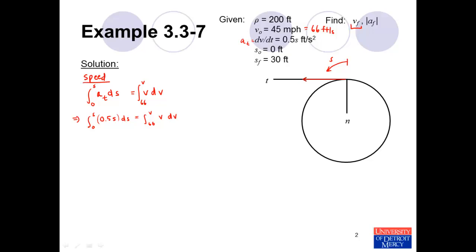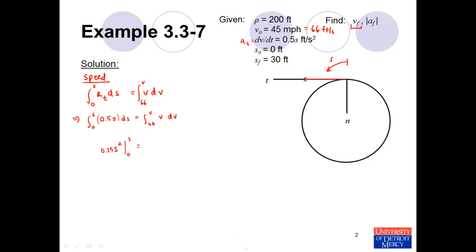So looking at the left-hand side, we can find the antiderivative of this. We add 1 to the exponent. We divide the coefficient by 2 in order to cancel the exponent when it comes down. And so 1/2 divided by 2 is 1/4. Evaluated between 0 and s.